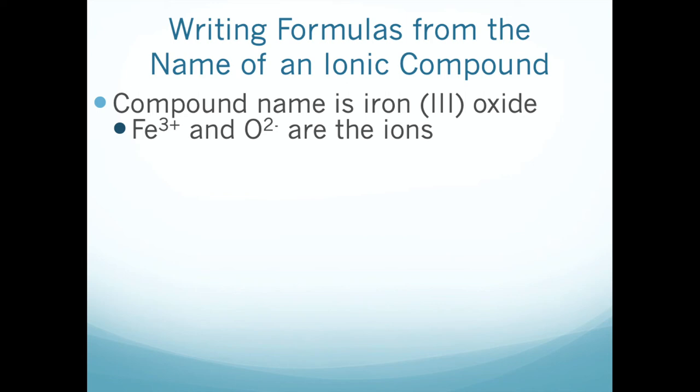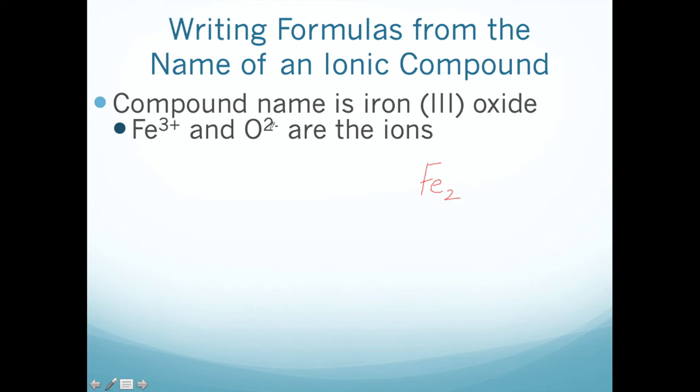So let's write out the formula. We need to figure out how many we need of each ion to get to 6. If we have Fe3+, how many 3 pluses do we need to get to 6 plus? Well, we're going to need 2 of them. So for iron, that subscript's going to be 2, because we're going to need 2 of these irons to get 6 positive charges.